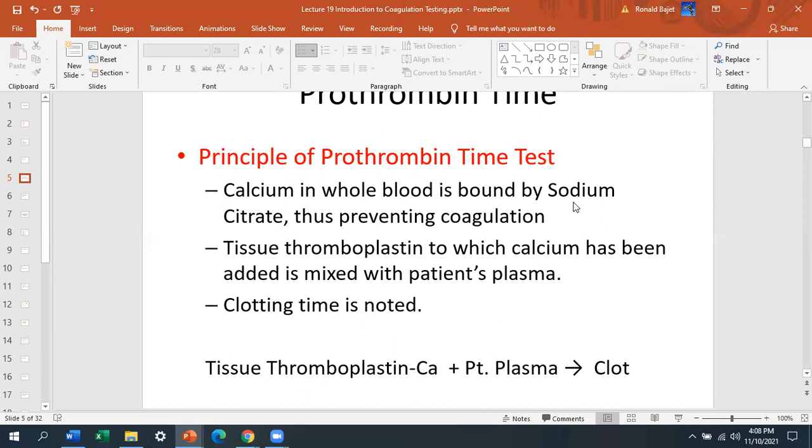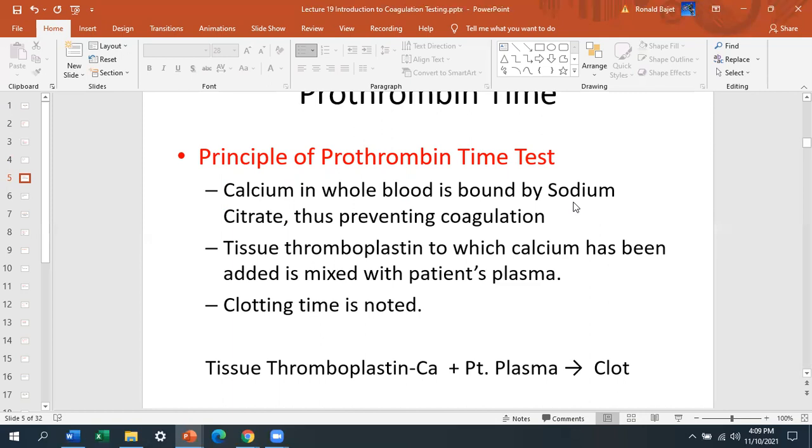Tissue thromboplastin, again with the prothrombin test, tissue thromboplastin to which calcium has been added is mixed with the patient's plasma, and that's the actual test. You have a reagent, tissue thromboplastin, to which calcium is added. So you're replacing the calcium that you took out from the coagulation tube, replacing it with a reagent.